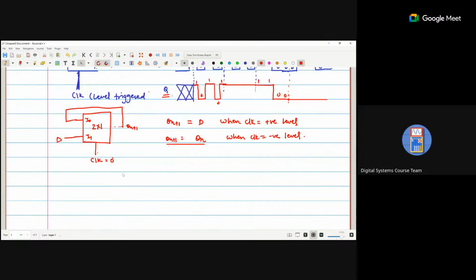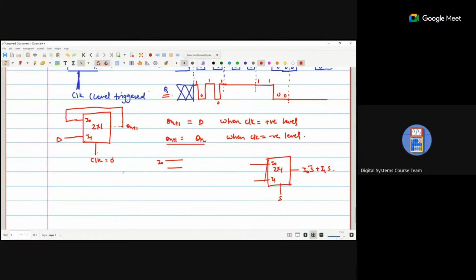Now again, if we are talking about the mux, what is a mux? Simply, a 2 cross 1 mux has I0, I1, S. So what is the output equation for this? I0 S bar plus I1 S. So we can say that there are two inputs.